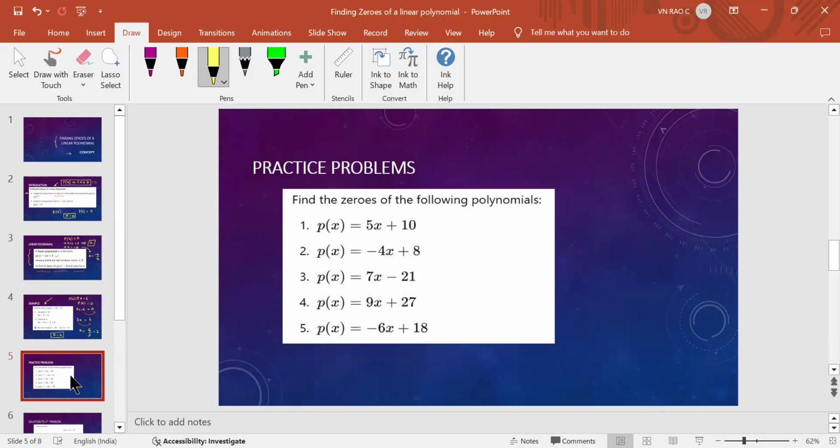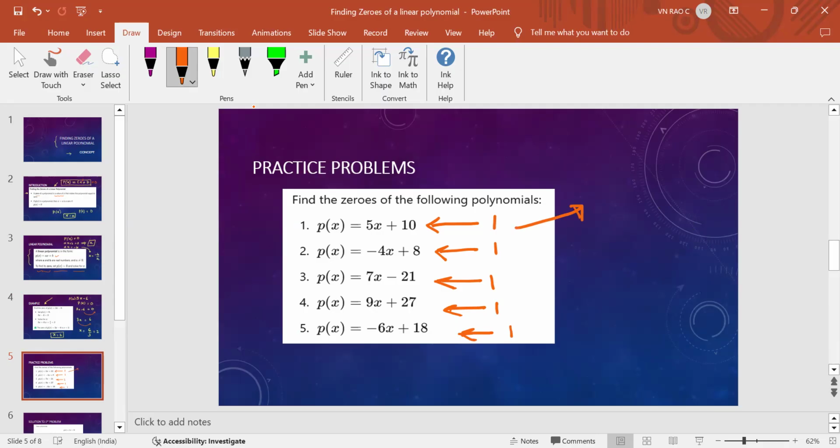Now, there are certain practice problems you can look into. The first problem, again, has a polynomial of degree 1. The second, third, fourth and fifth problems also have polynomials of degree 1.